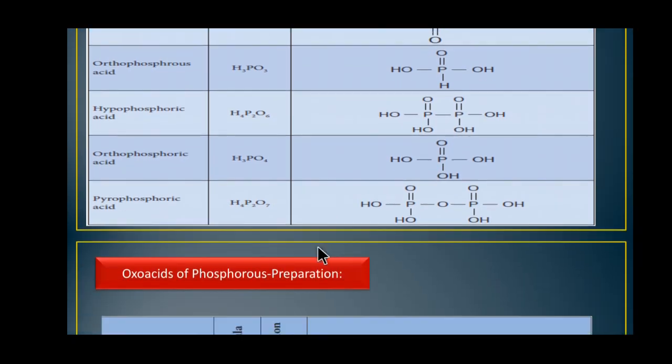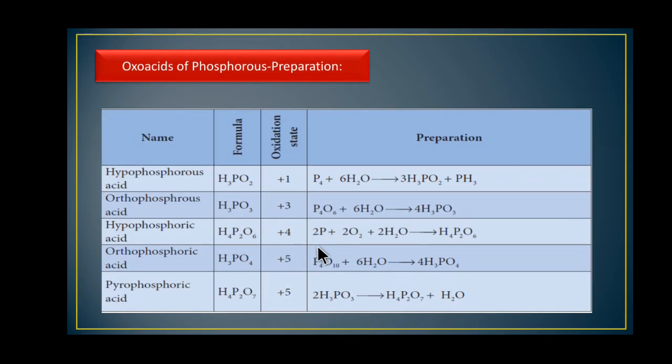Okay. Next, oxoacids of phosphorus and their preparation. So what are they? Already we discussed their oxidation numbers +1, +3, +4, +5 and +5. +1 in H3PO2.